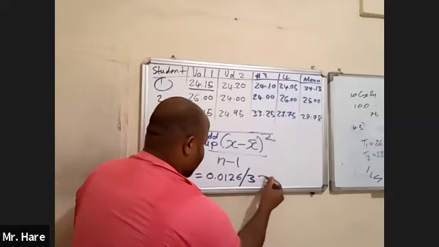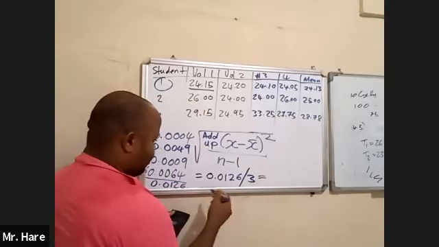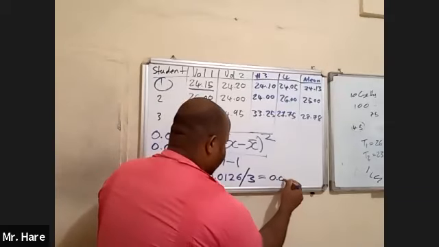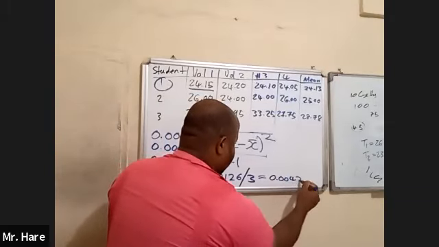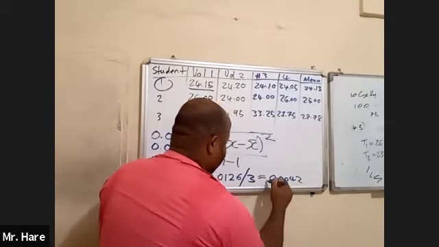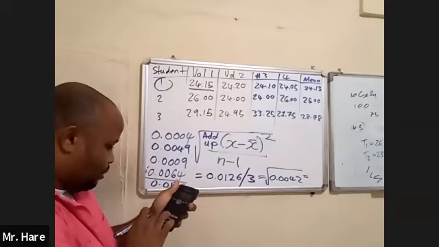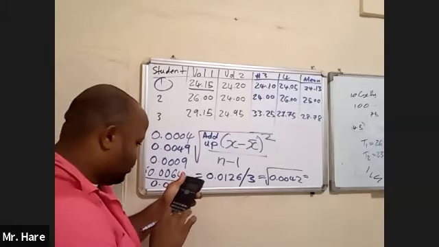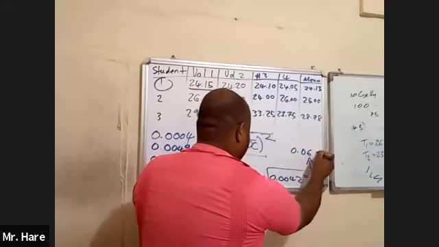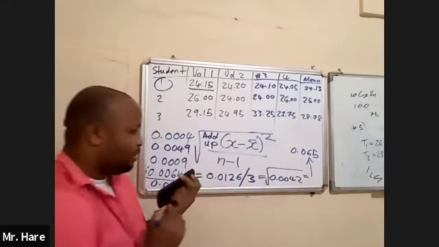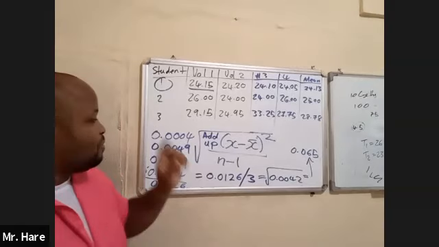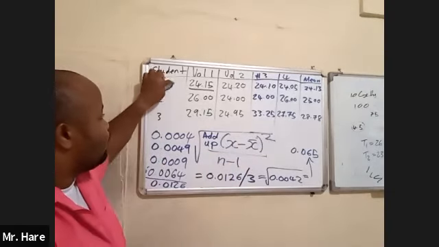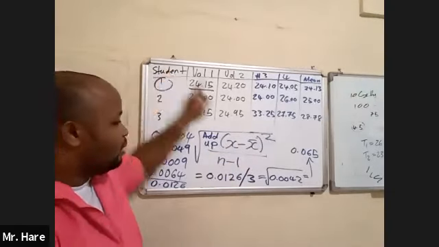And so when we divide this answer here, I'm going to get 0.0042. When I square root that answer, I'm getting, so the final answer is 0.065. So the standard deviation for student number 1 is 0.065.